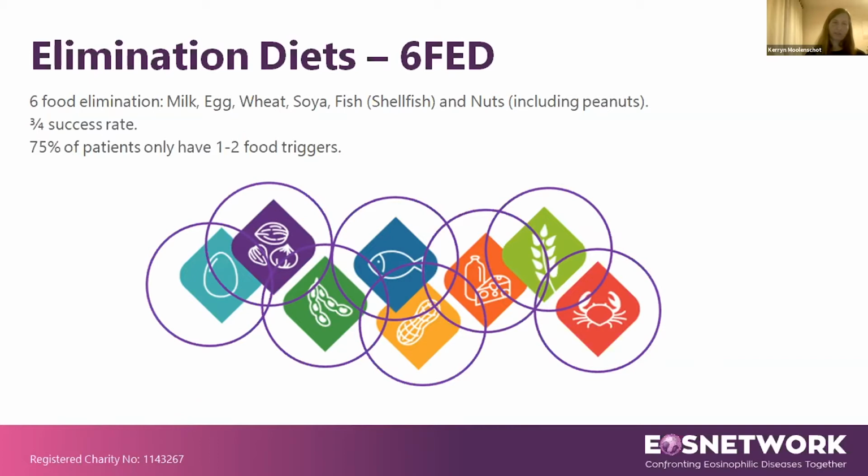And also 75% of patients only have 1 or 2 food triggers. So that means that most patients don't actually react to all 6 foods. So it's important to reintroduce foods as you'll be doing unnecessary elimination, especially in children that could do with having some of those foods back in their diet, especially with regards to growth.